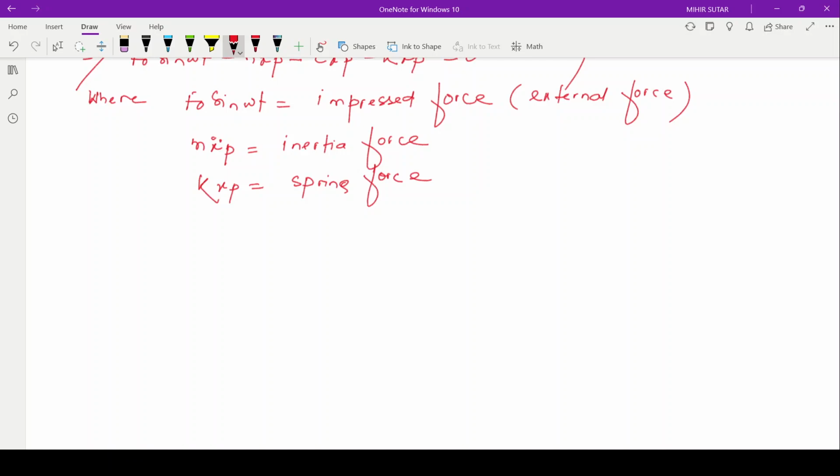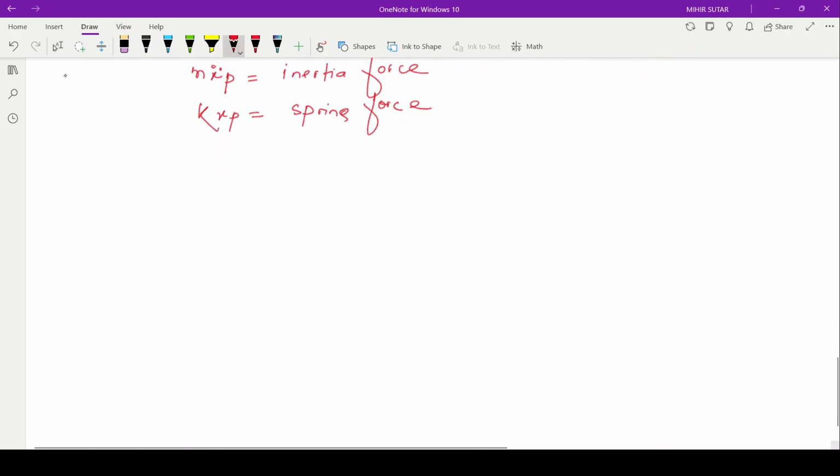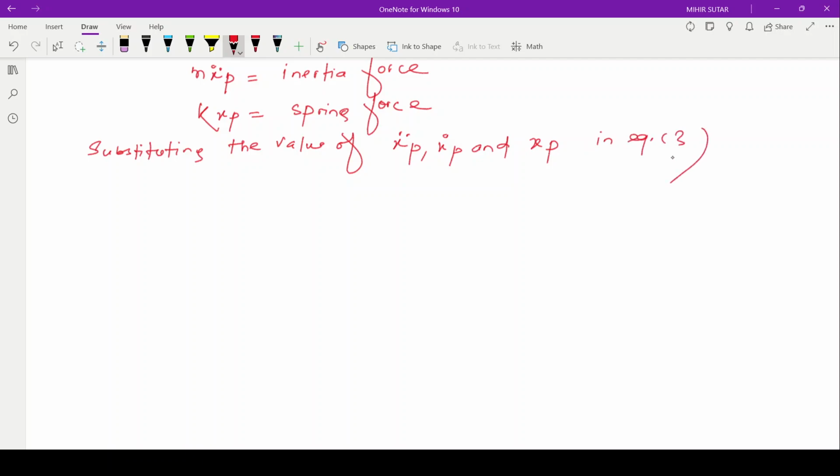Now substituting the values of x double dot p, x dot p and x p in equation 3, we have F0 sin omega t minus m times x double dot p.